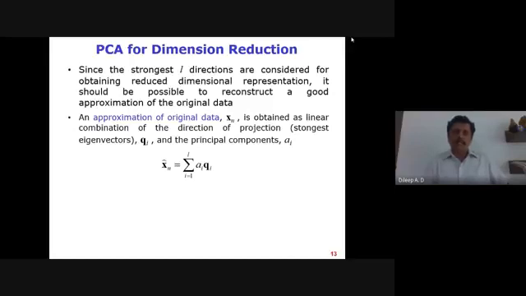So what did I cover so far? PCA is a dimension reduction technique where, from the d-dimensional representation, we find d orthonormal basis vectors, which are obtained as the eigenvectors of the correlation matrix.